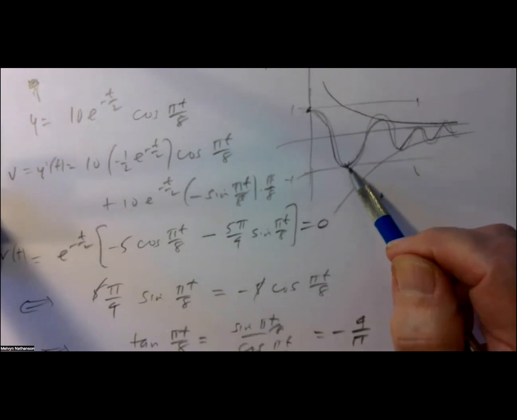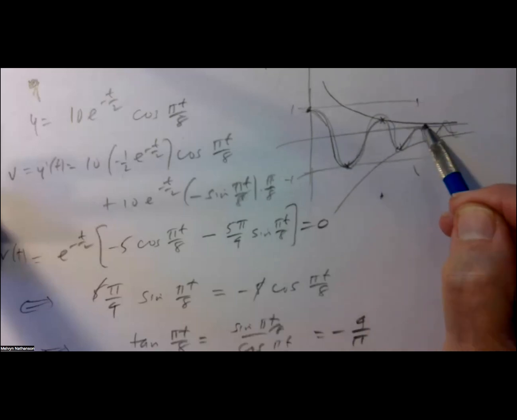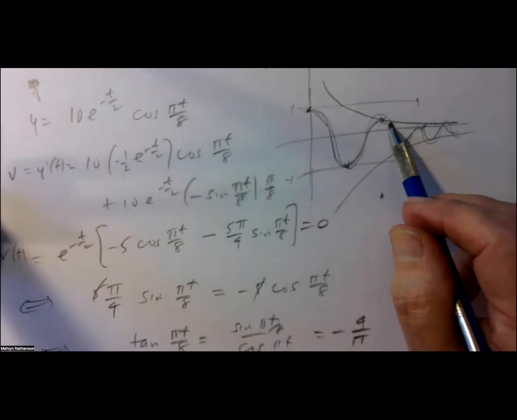And you have these places where you have these relative minima and relative maxima. And those places occur exactly where the derivative of the function is 0. And the derivative of the function is 0 precisely where the tangent of pi t over 8 is minus 4 over pi. That's really all there is that I need to say about this.